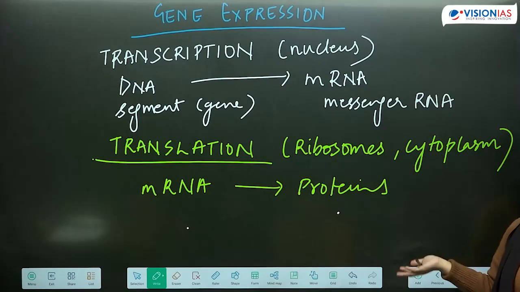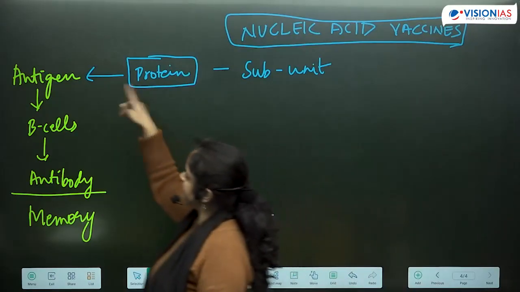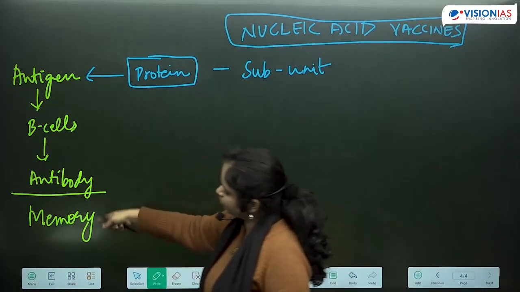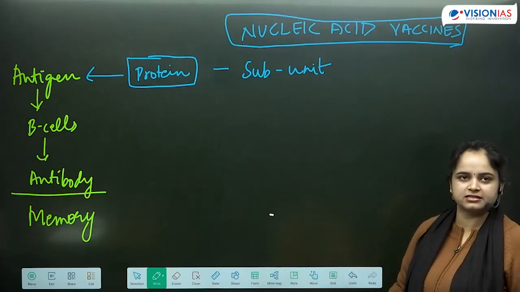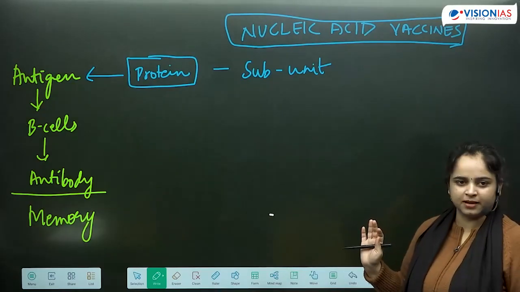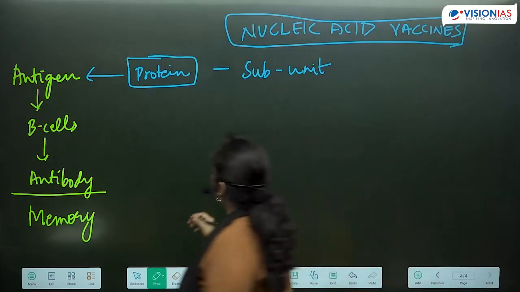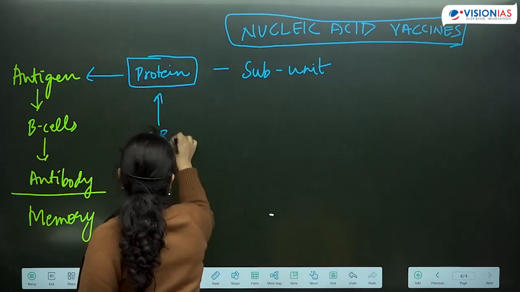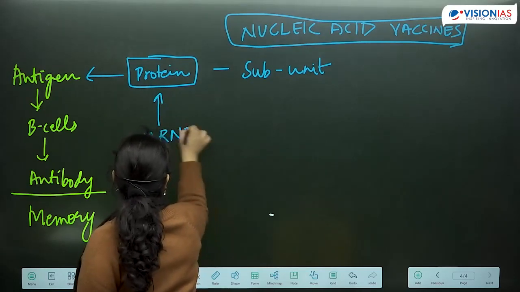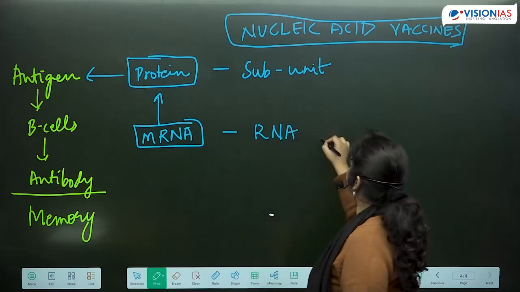Just adding a few more steps. But ultimately, once the protein is produced, it will act as an antigen. B cells will recognize it, produce antibodies, and create memory. Till the time you have memory, you are protected against a particular pathogen, a particular disease. So now either give the protein or give mRNA. If you give mRNA, you say this is an RNA vaccine.